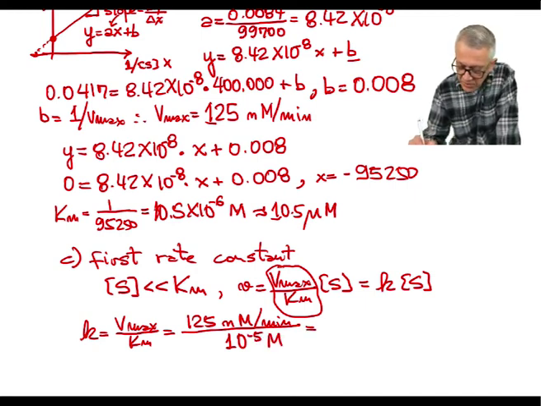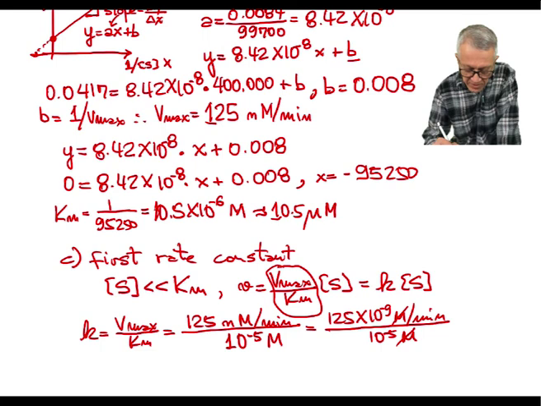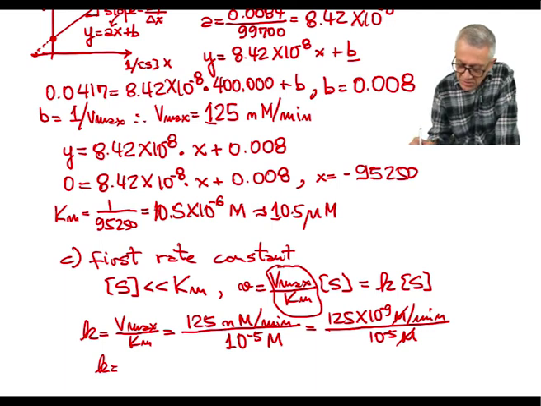To make it even easier to work, let's say 10 to minus 9 molar per minute divided by 10 to minus 5. Everything is approximation here, right? So that's going to be k equals 10 to minus 4 times 125.